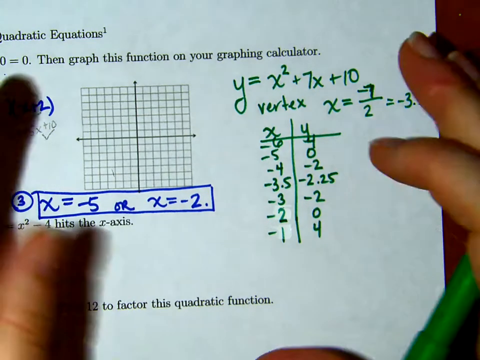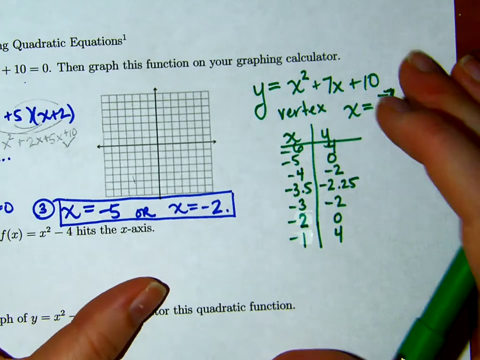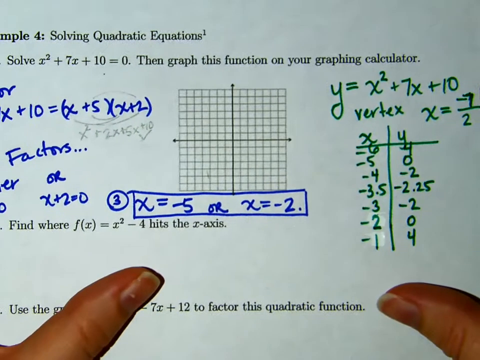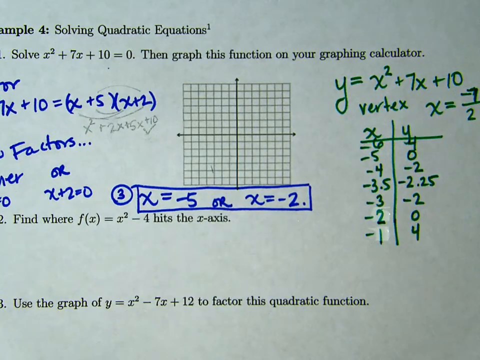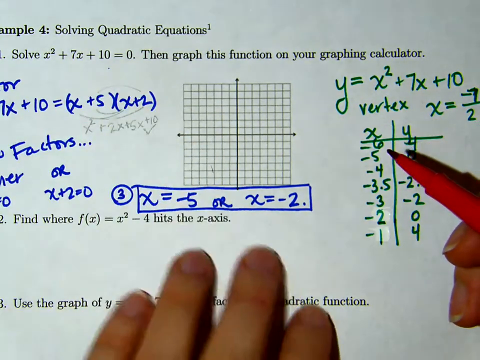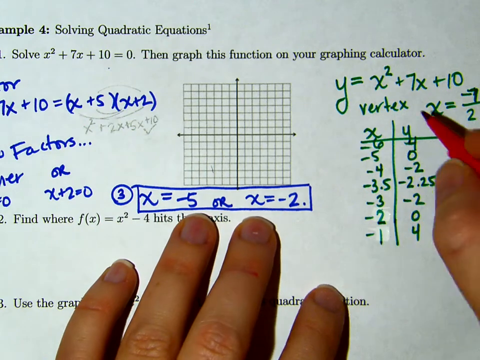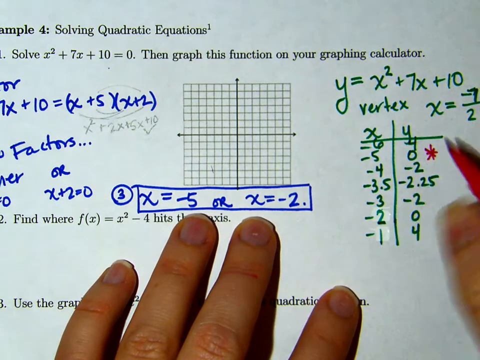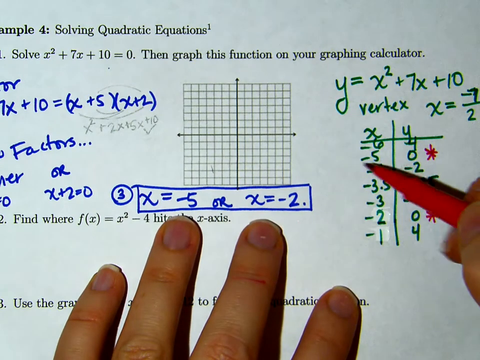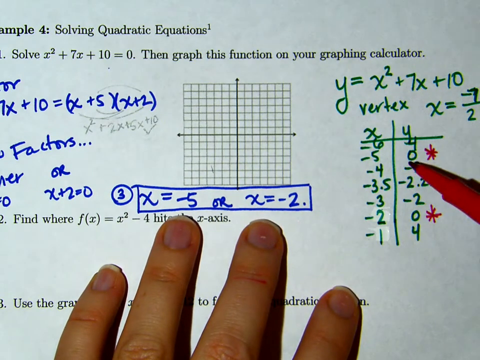Okay, we're ready to graph. Ooh, I am noticing something already. Here's what I see. I see that solving this and setting it equal to 0, here's where we have, for our two x's, x at -5, the y value is 0.